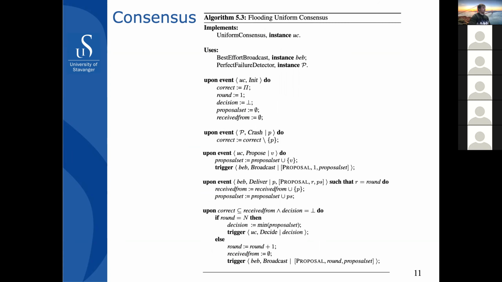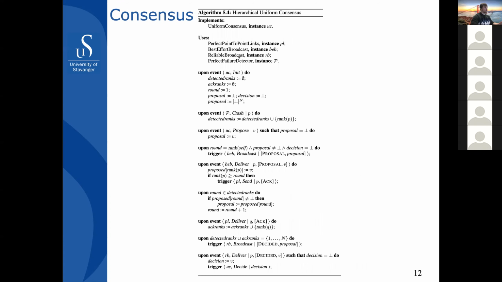Yes, they are both using the perfect fail detector, and they are both using the best effort broadcast, but the hierarchical one is also using the perfect point-to-point links, and this is due to the acknowledgement message that is being sent. And also this algorithm adds communication steps for each failure, or two more communication steps for each failure that occurs.